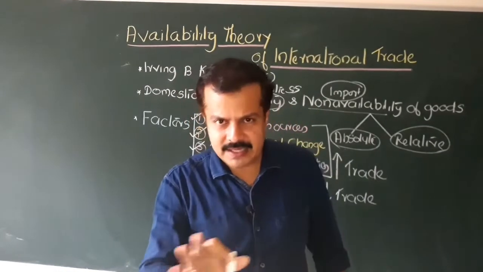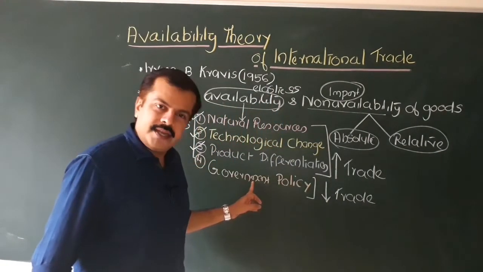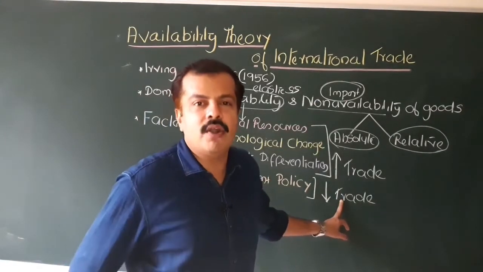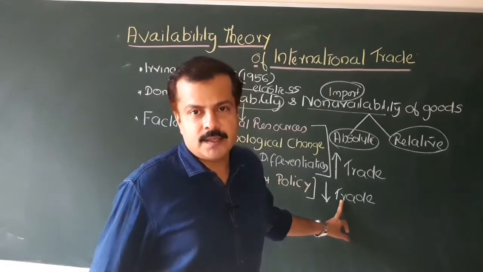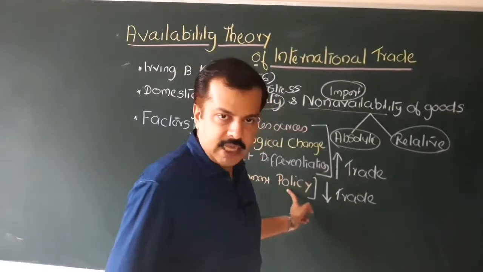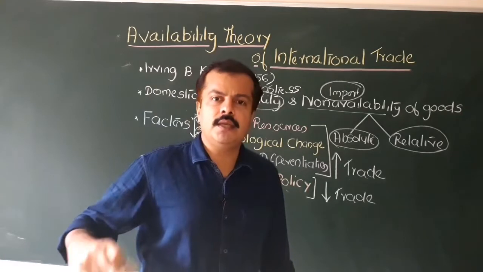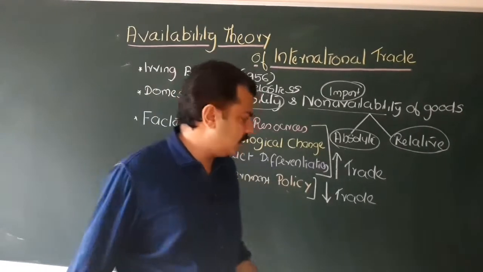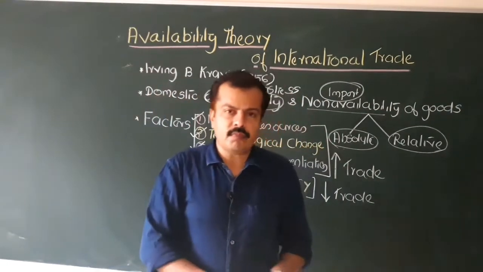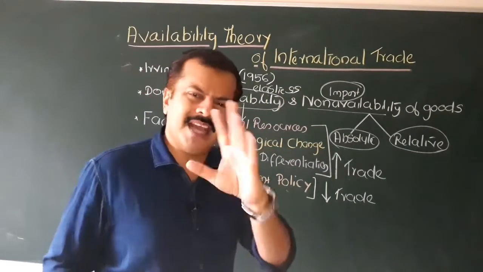That means increasing government restriction or government's influence on international trade will tend to reduce the quantity of trade or the volume of trade. So, even though the first 3 factors increase the volume of trade, the last one, the government policy or the interference of the government with respect to the free flow of commodities and services, will definitely reduce trade according to Kravis.